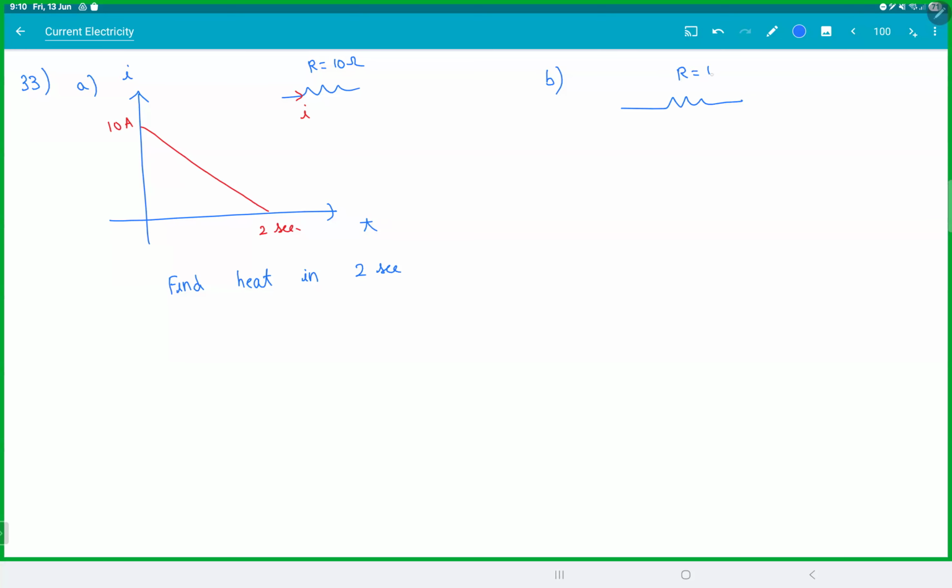Similarly, let's say we have R equal to 10 ohms. Instead of current, someone gives you a charge. Charge is t square minus t. Find heat produced in 2 seconds.